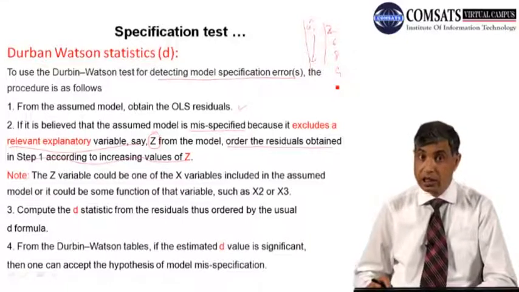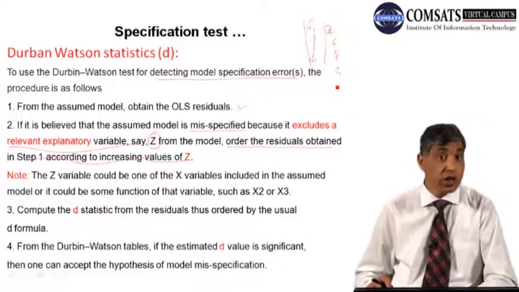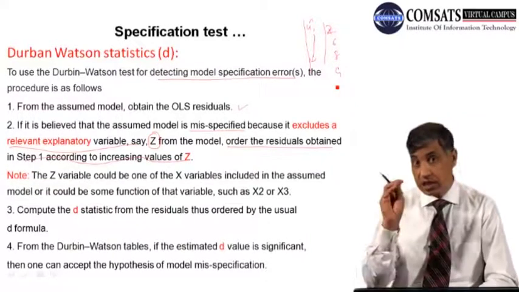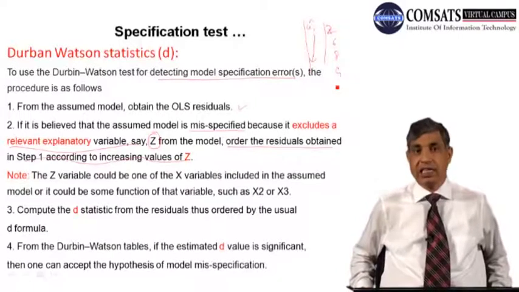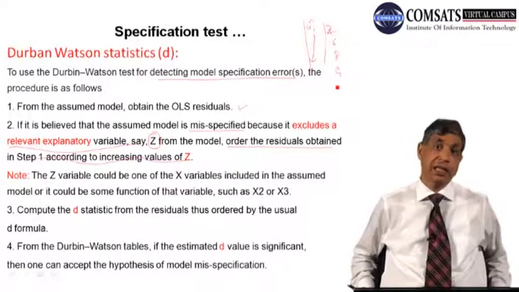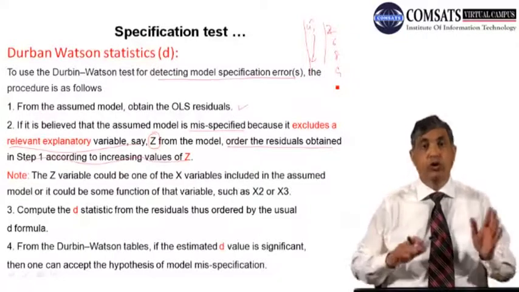You have guessed that some variable was outside your model. If you have spotted which variable it is, and you are going to test whether it is an integral part of your model, you should know its values and arrange them.